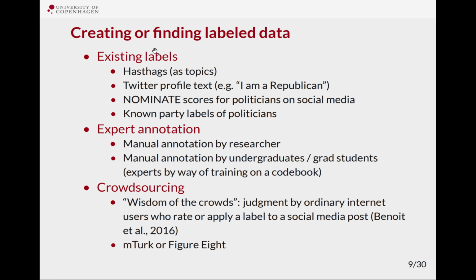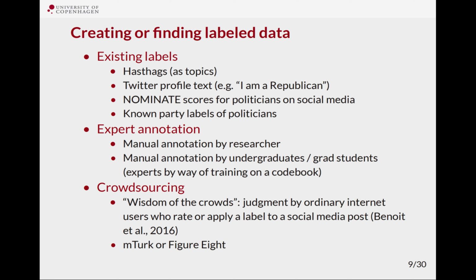So one way to think about it is, let's say that you wanted to find all of the tweets on immigration. So hashtags on social media actually are a way for users themselves to signal the topic of a tweet.